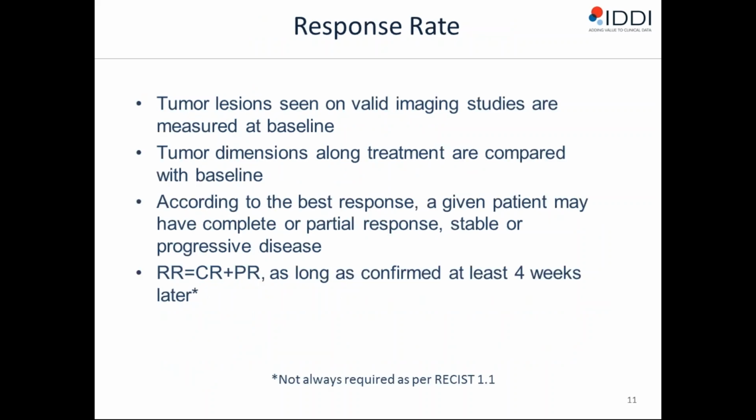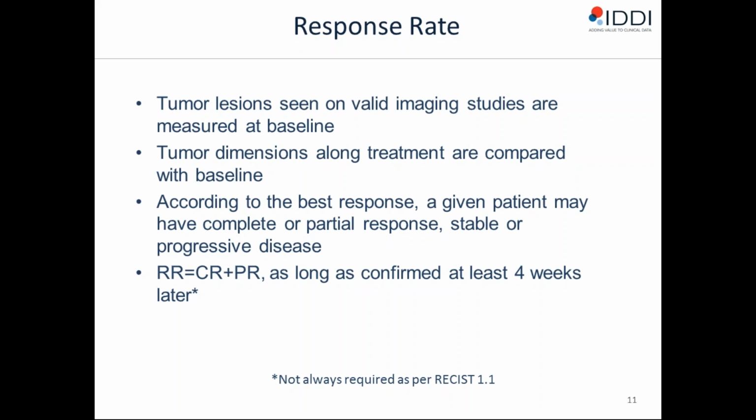So nowadays, we're still mostly using RECIST or some variations of it for most of the clinical trials in which tumor size is assessed. So in consequence, we always talk about the response rate, and essentially, very simply put, what we do is to have tumor lesions that are seen on valid imaging studies measured at baseline.